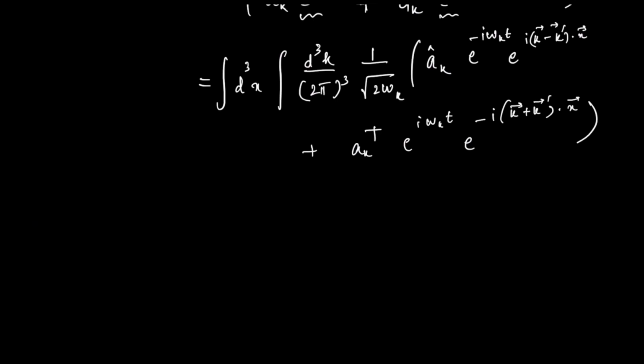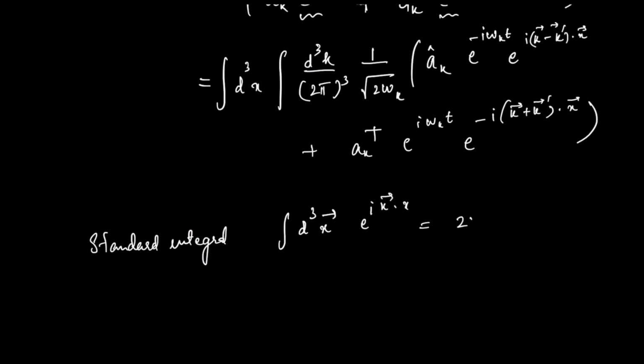Okay, and I have the standard integral: integral d cube x e raised to i k dot x is equal to 2 pi cube del cube of k. This is the standard integral for Dirac delta.